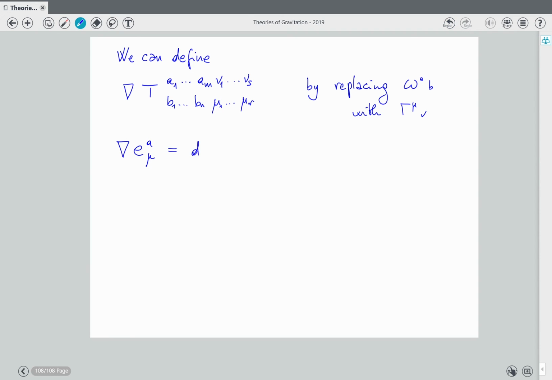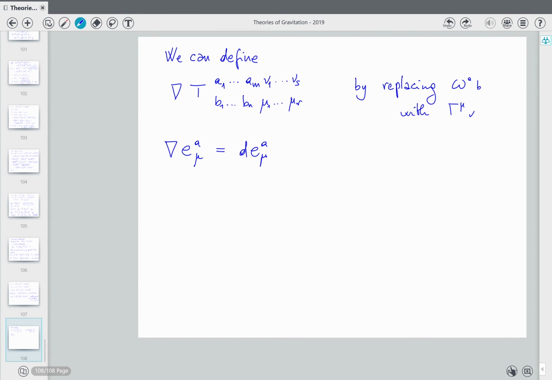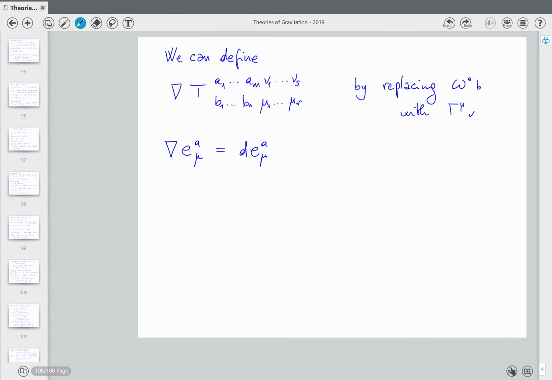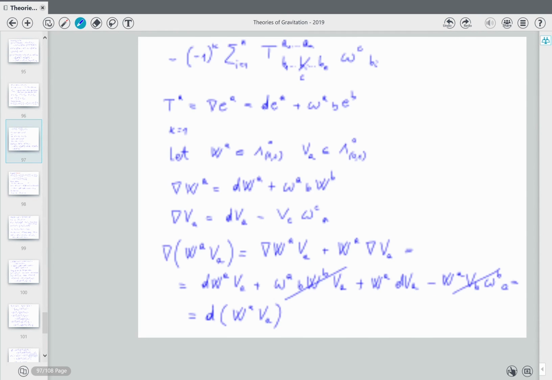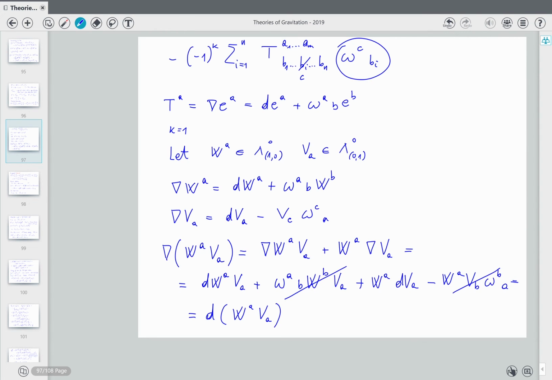So what is this? This is the exterior derivative. Then how to deal with that, according to the definition we saw earlier, which we may want to check again. Upper indices are obtained by multiplying by omega to the left. Lower indices are obtained by multiplying by the corresponding omega, whatever it is, Christoffel symbols maybe in this case, to the right, and there is a minus 1 because now we are dealing with the zero form functions.